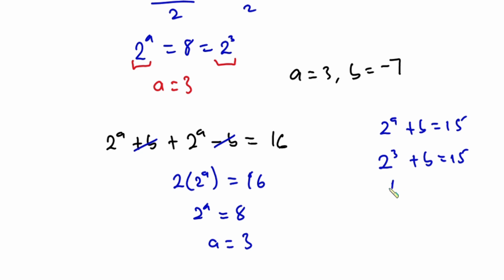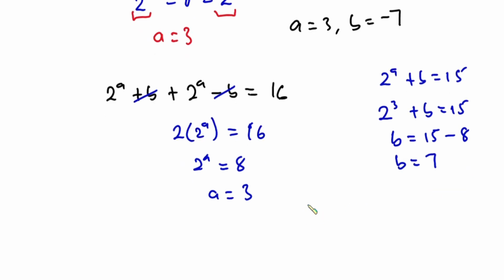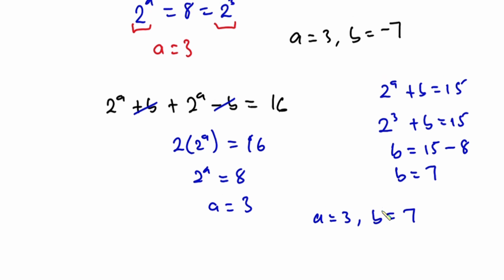Making b the subject, we have b is equal to 15 minus 2 to the power 3, which is 8. And b is equal to 15 minus 8, which is 7. So from this second one, when a is equal to 3, b is equal to 7. Right, so we are done with this one as well.